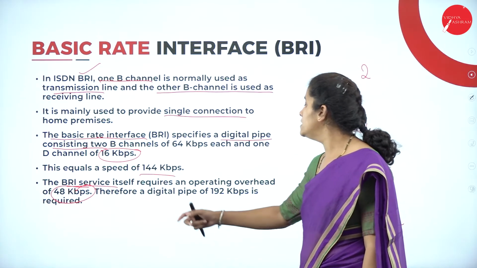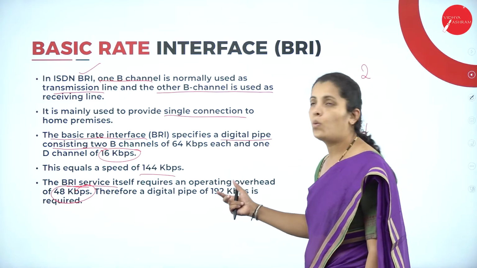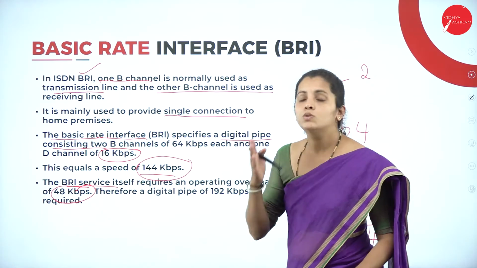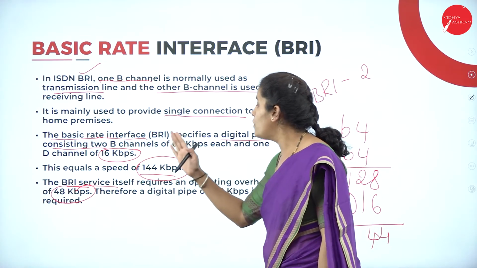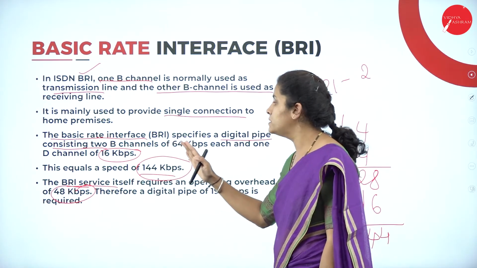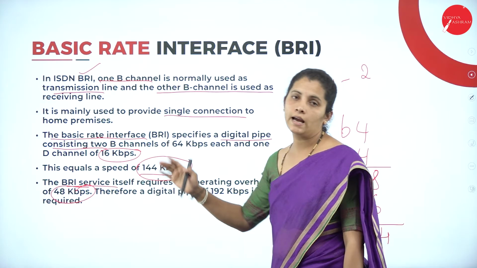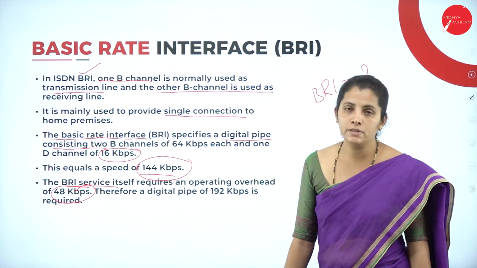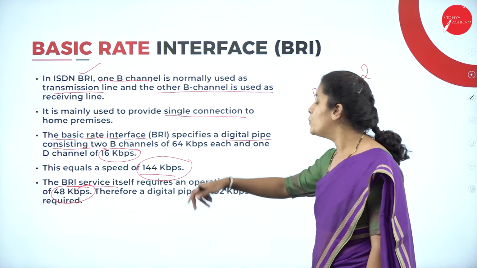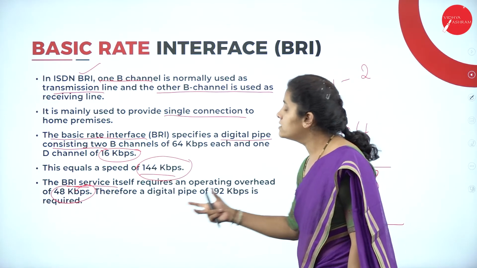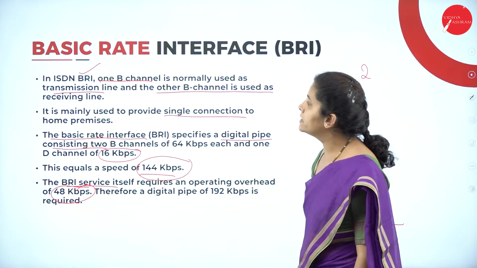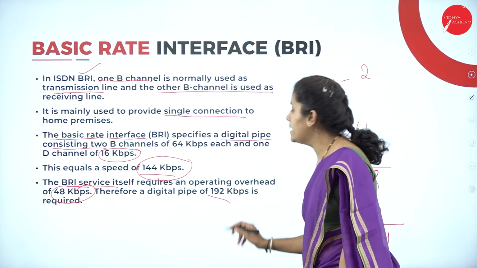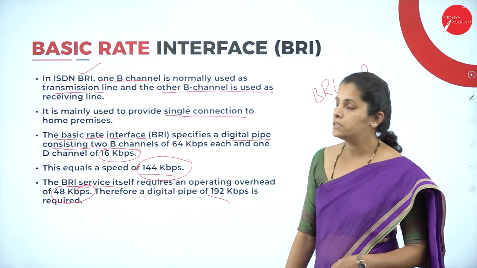Therefore, the digital pipe of 192 kilobits per second is required. So actually we are going to have 144 kilobits per second. In that, BRI service is going to use 48 kilobits per second, whereas the overall service required by this BRI pipe is 192 kilobits per second.